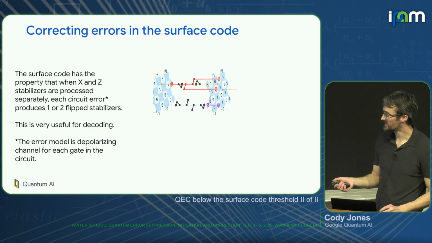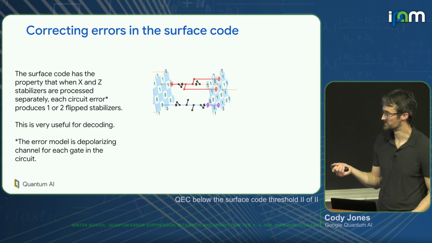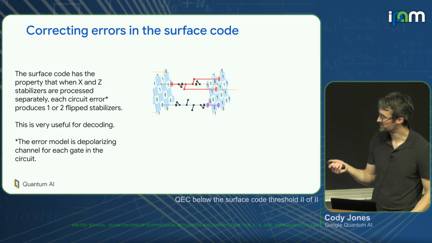So this is drawn from a figure I showed earlier in the talk. This is, again, a 3D diagram showing time flowing left to right, and how if, for example, you have an error, like a red Z error, when it goes into the syndrome measurement circuit, it turns into flipped parity checks. These stabilizers get flipped.